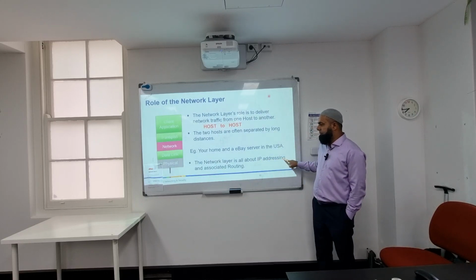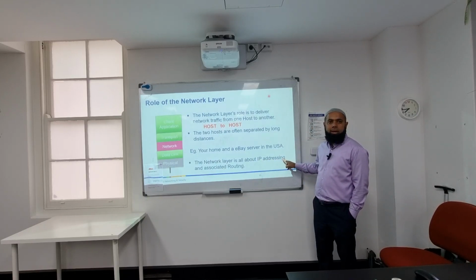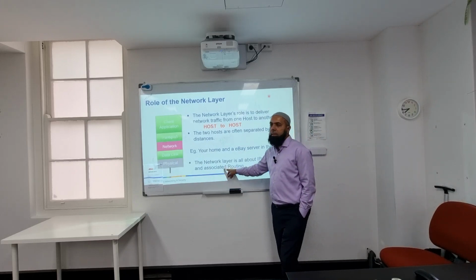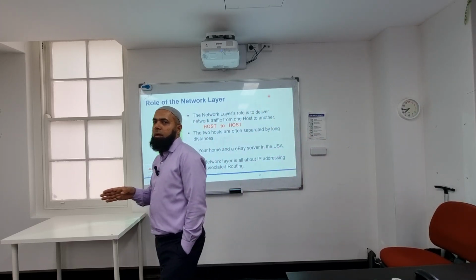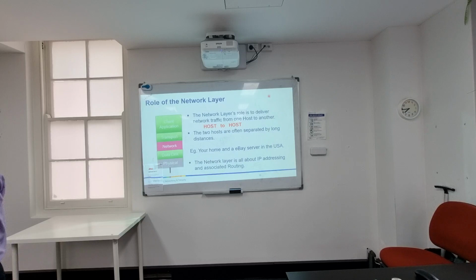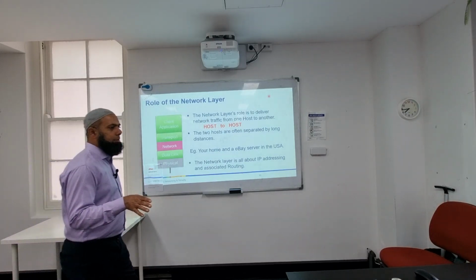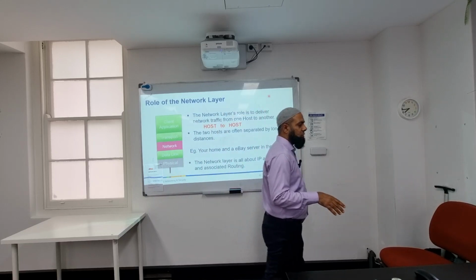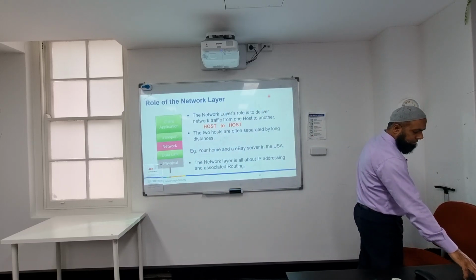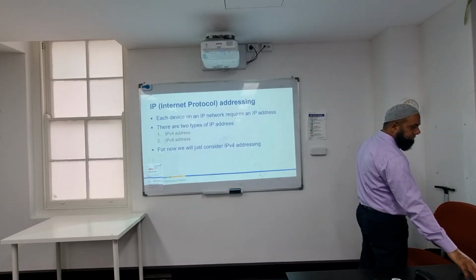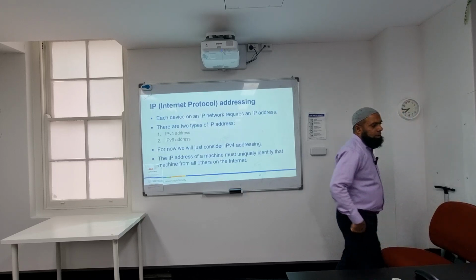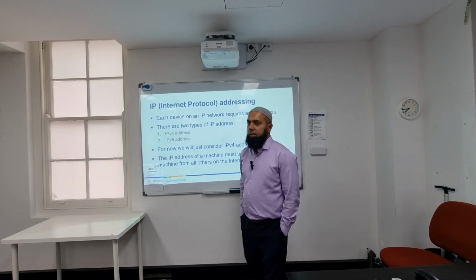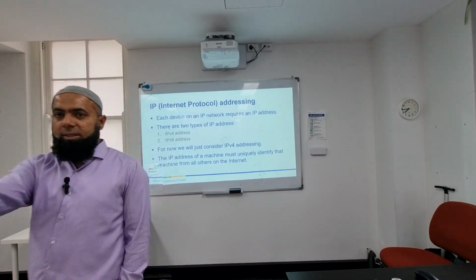IP addressing and its associated routing. Like you know the IP address and where to send it. That's the main job of the network layer. Now coming toward IP addressing. Okay, can you please read that slide?